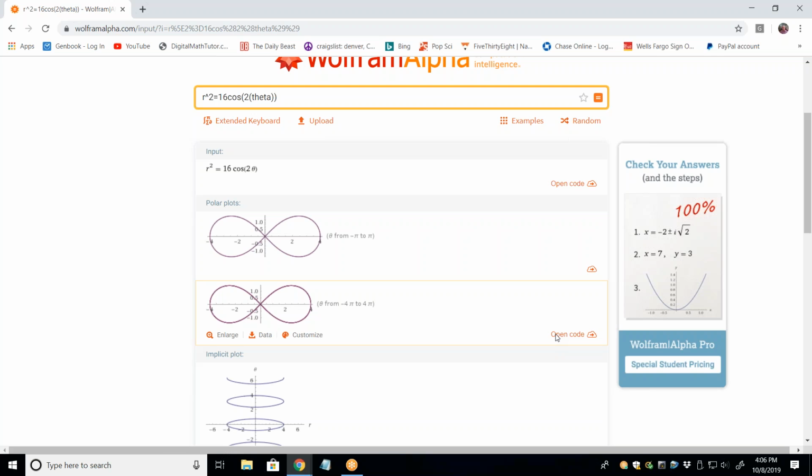Yep. R squared equals a squared sine of 2 theta is also a Lehman skate. But the general equation of a Lehman skate is r squared equals a squared sine or cosine of 2 theta. Yes, sir.